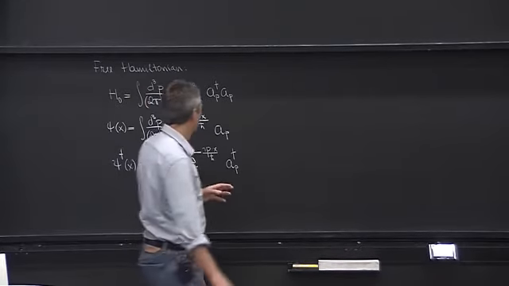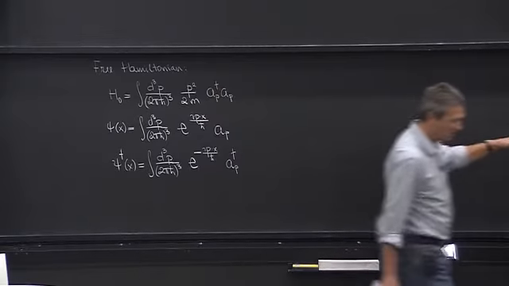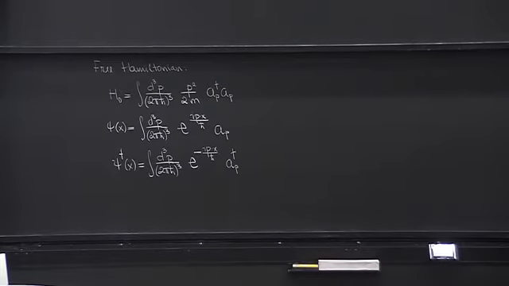Because these operators create and annihilate particles with given momentum. And so when we do the Fourier transform, from something that has definite momentum, we get something that has definite coordinate. Yes?